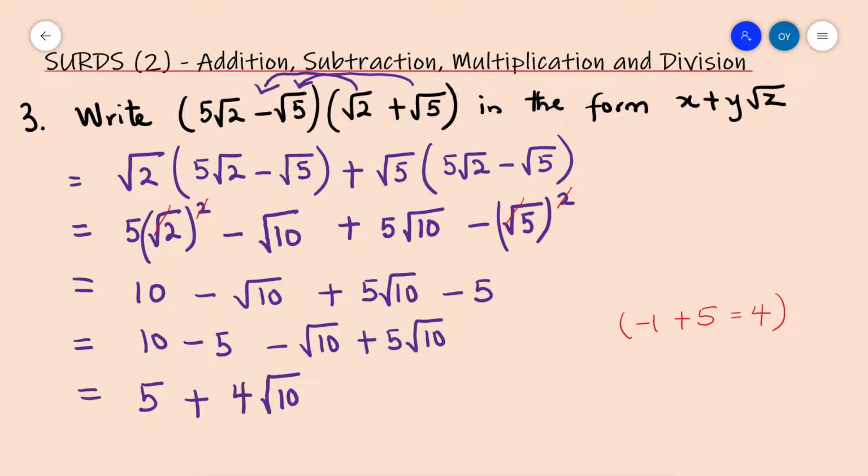So 5 plus 4 root 10 is the answer. And that is what we've written. We have written this in the form x plus y root z, where x is 5, y is 4, and z is 10.